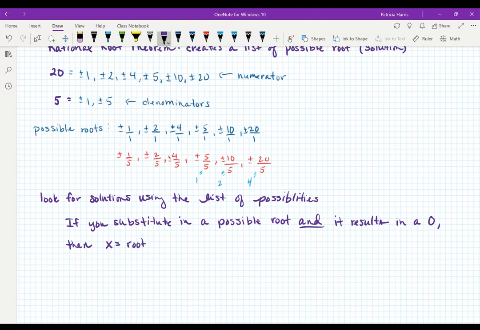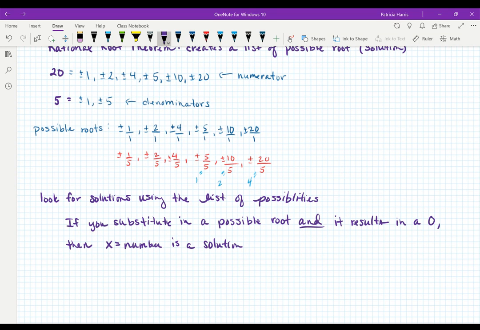So if it results in a 0, then x equals that number that you plugged in is a solution. Again, remember, we're not using calculators, we're not using Desmos, so this is going to take a bit.